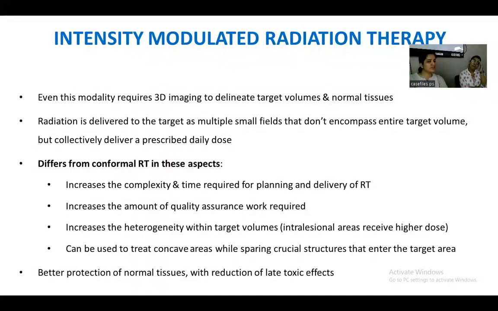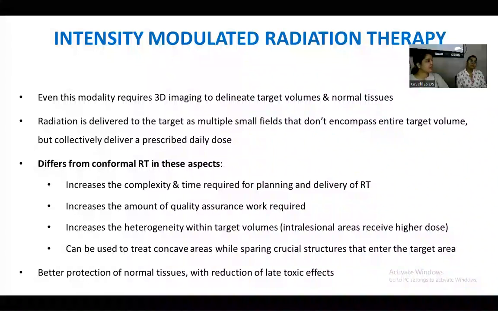It differs from conformal radiotherapy in these aspects: the increased complexity and time required for planning and delivery of radiotherapy, the increased amount of quality assurance work required, and increased heterogeneity within the target volume. The intralesional area receives a higher dose, or intensity modification can also be done.